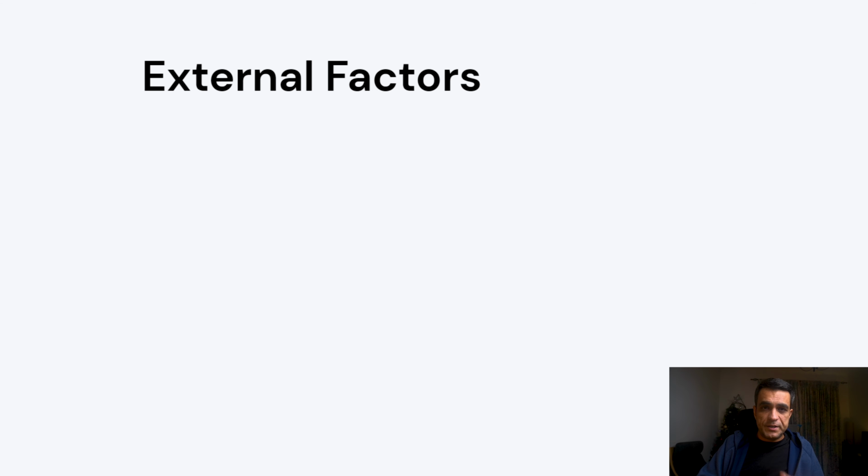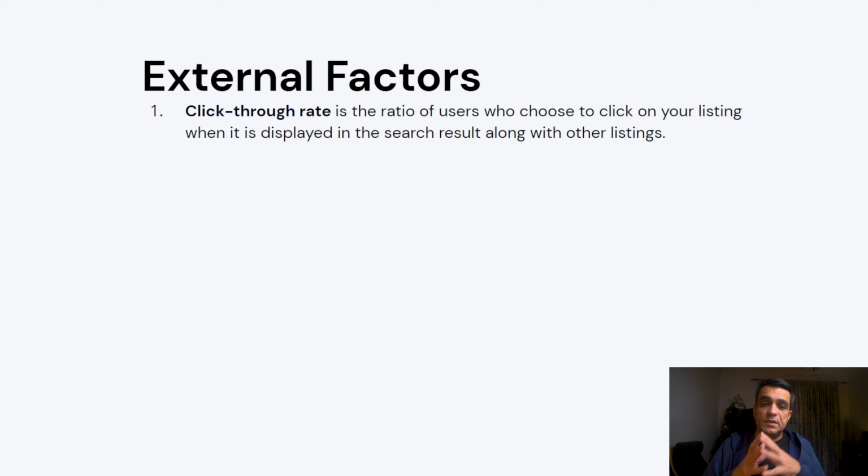So just to give you an idea of what these external factors are and what parameters Airbnb uses, the first parameter is click-through rate. This is the ratio of users who chose to click on your listing when it is displayed in the search results along with other listings. Try a search on Airbnb and you will notice that when you search for a property in an area, Airbnb displays about 20-30 properties.